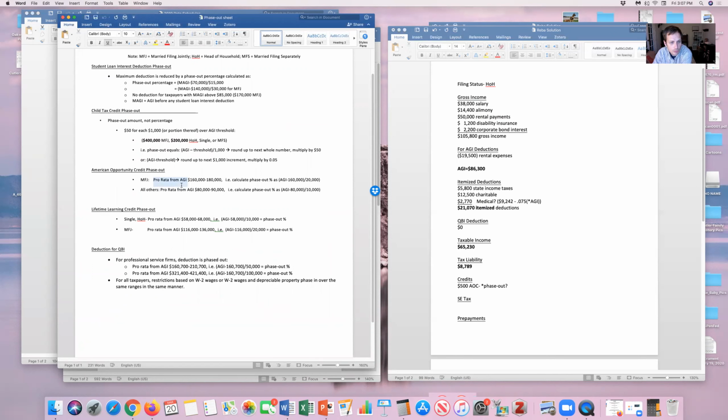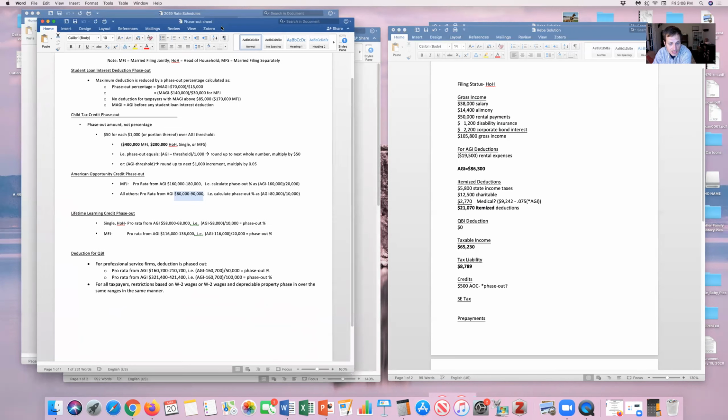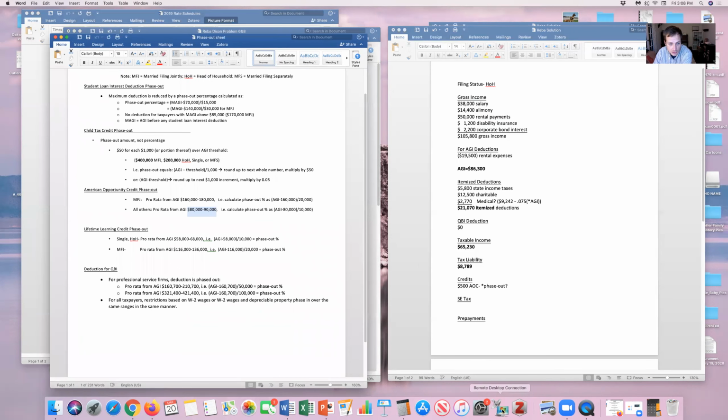It's phasing out pro rata from 160,000 to 180,000 for married filing jointly. For all others, including Reba as head of household, it goes from 80 to 90,000 of AGI. So she does have 80,000 at least of AGI, so we do have to do a phase out here.